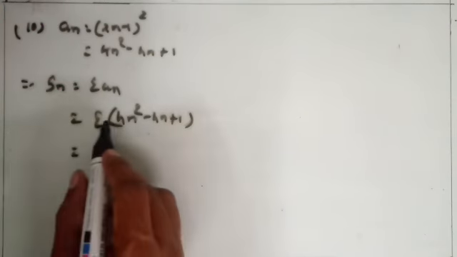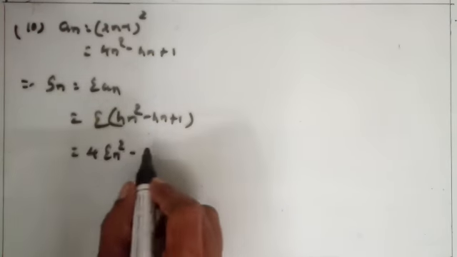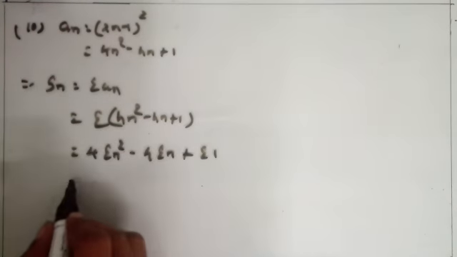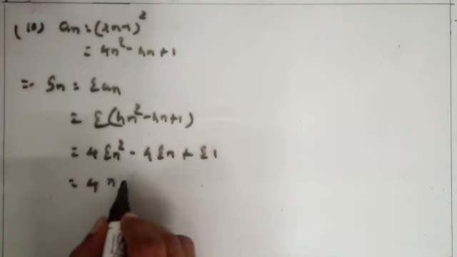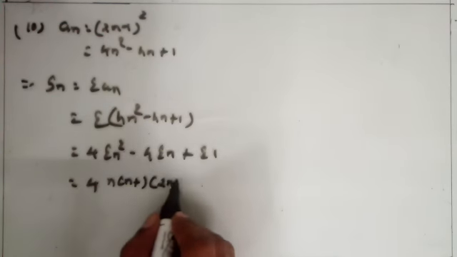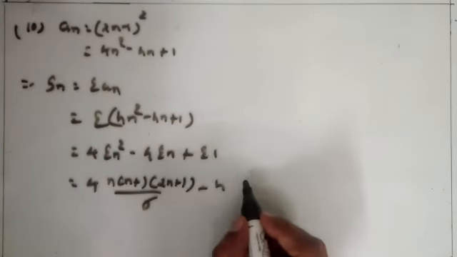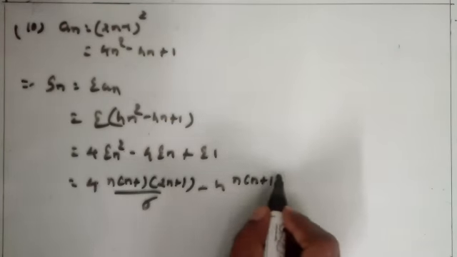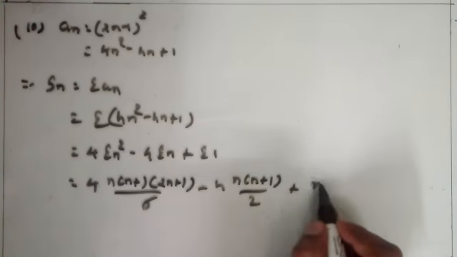So it is equal to sigma applied to each: 4 into sigma n square minus 4 into sigma n plus sigma 1. So 4 into sigma n square is equal to, we know that n into (n plus 1) into (2n plus 1) by 6, minus 4 into sigma n, which is equal to n into (n plus 1) by 2, plus sigma 1 is equal to n.